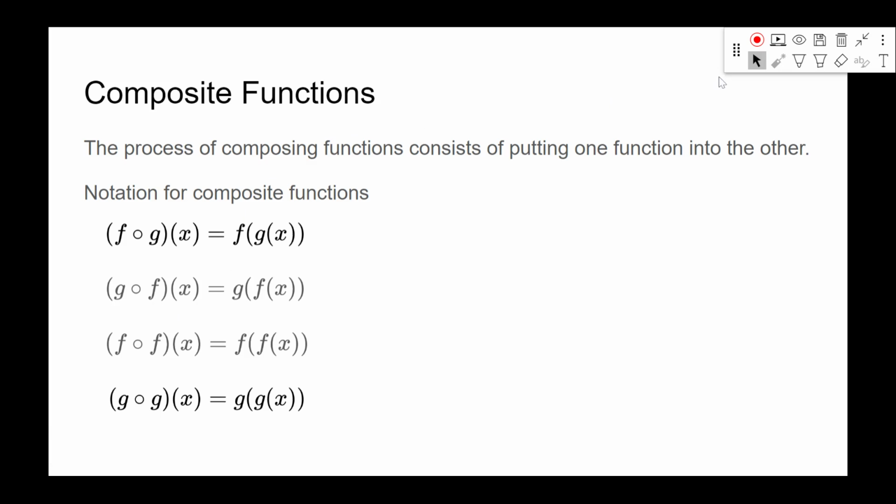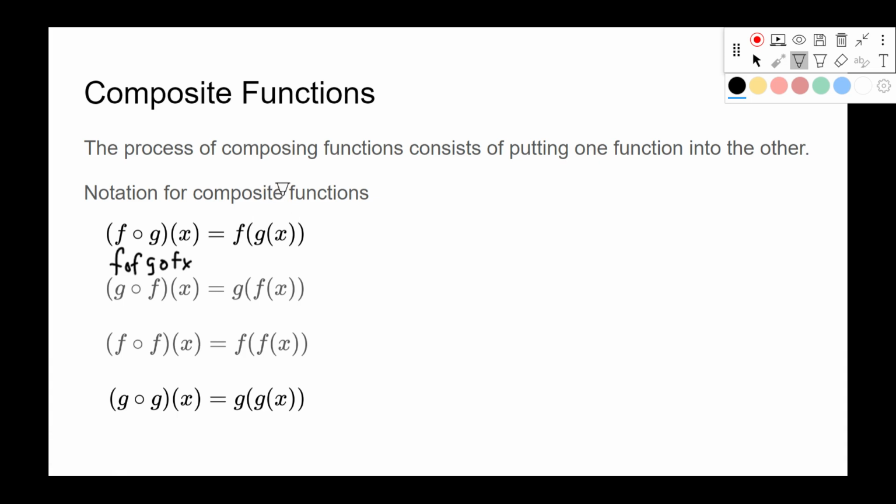Okay, so composite functions: the process of composing functions consists of putting one function inside the other. We have a notation for this. This is read f of g of x. Then there's a second notation where you write f of g of x this way.